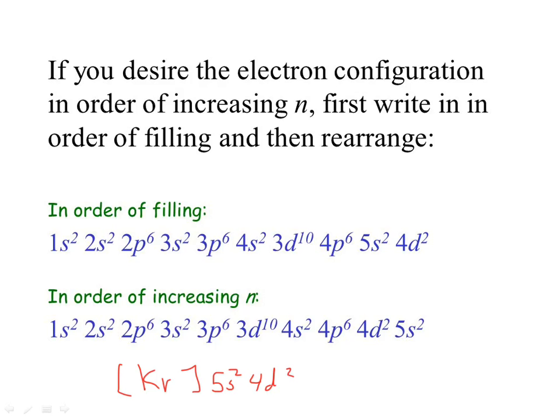Then you do it that way though? Do you have to put 2 after it? That's a good question. I've had this question before. Do we need to go ahead and rearrange this in order of increasing n? Doesn't matter. It's optional, but you for sure need to show those 4 electrons, and that's where they are.